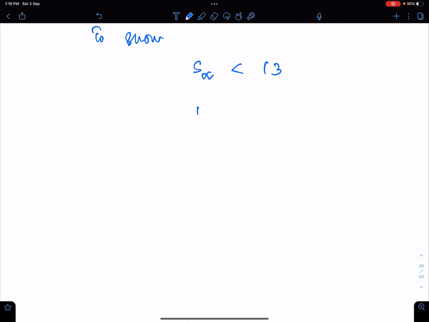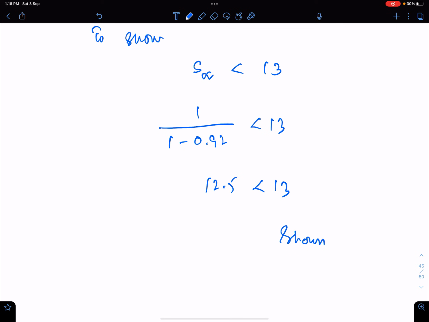So a upon 1 minus r. When you calculate this, you will get 12.5. And this is what we had to show. 12.5 is less than his target.